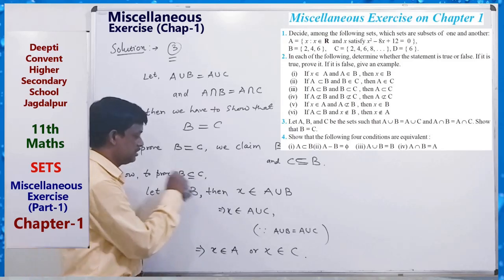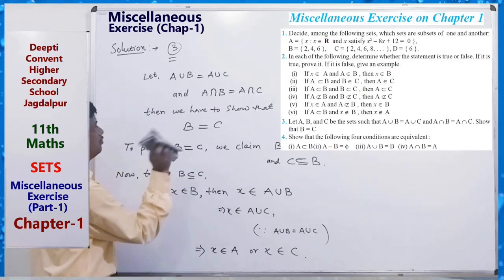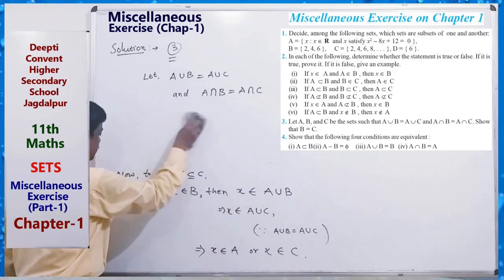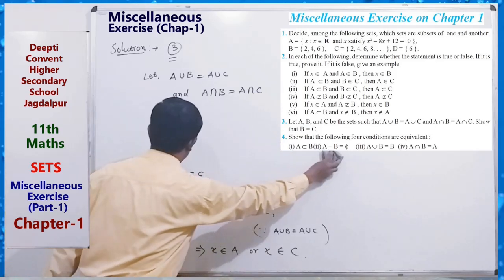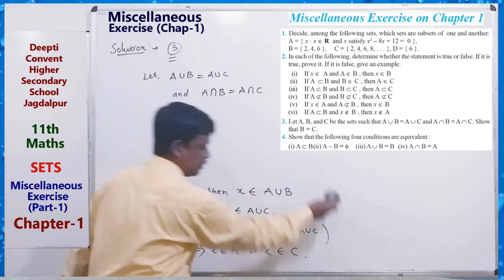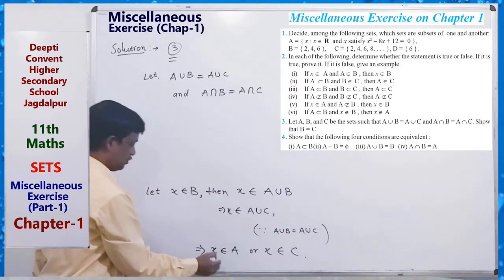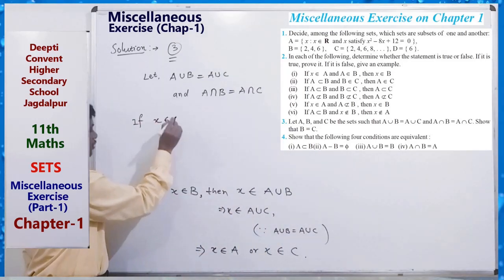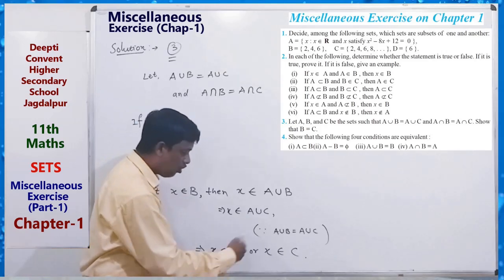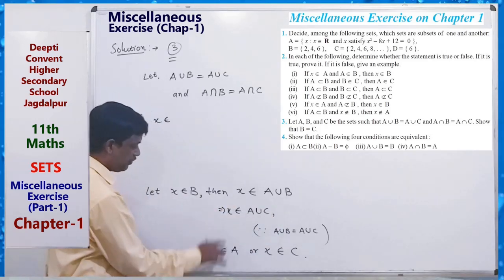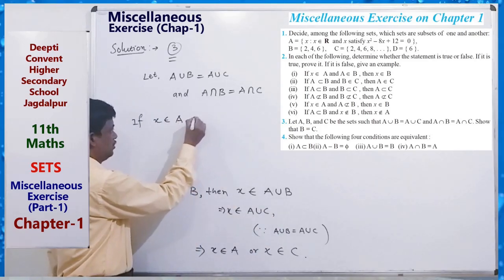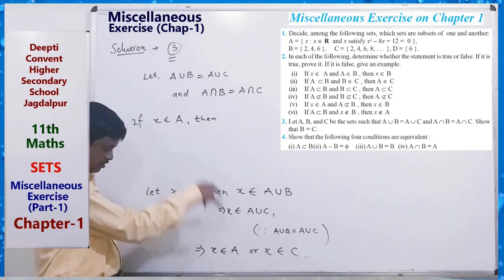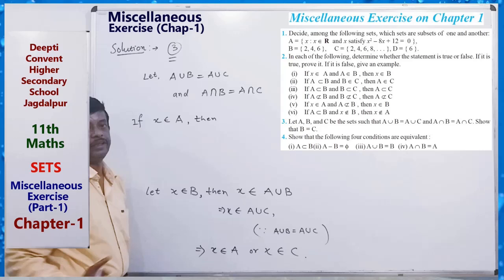X belongs to C. Okay, now write. After this line, we get X belongs to A or X belongs to C. So if X belongs to A, then X belongs to B.